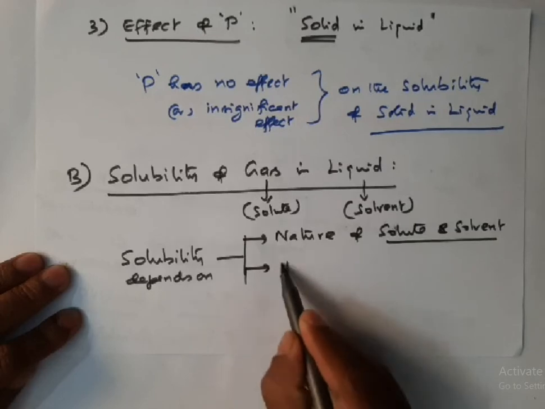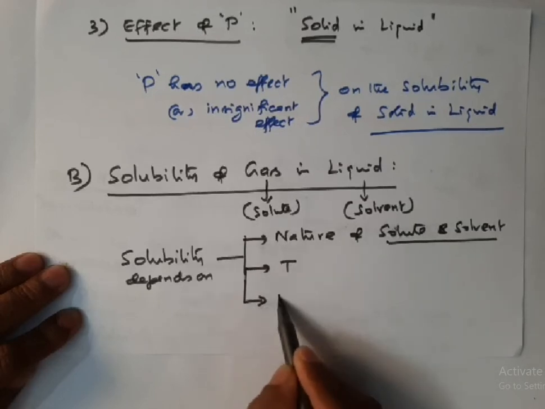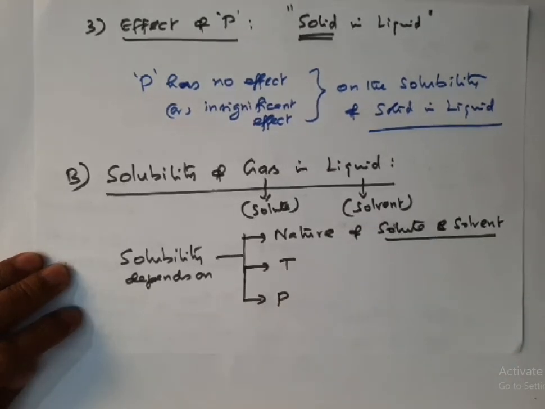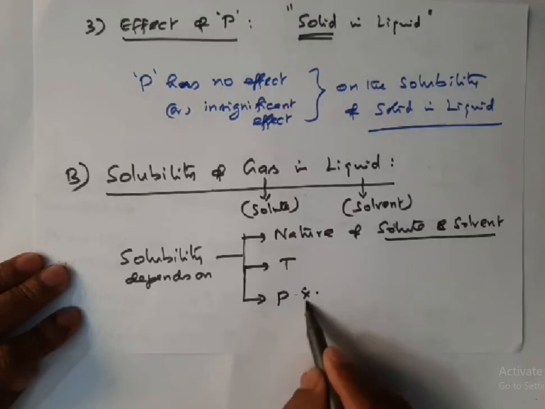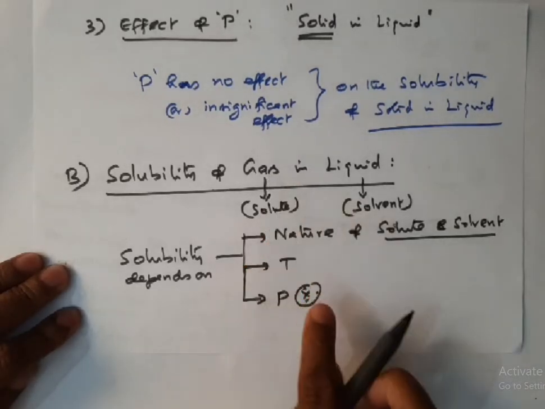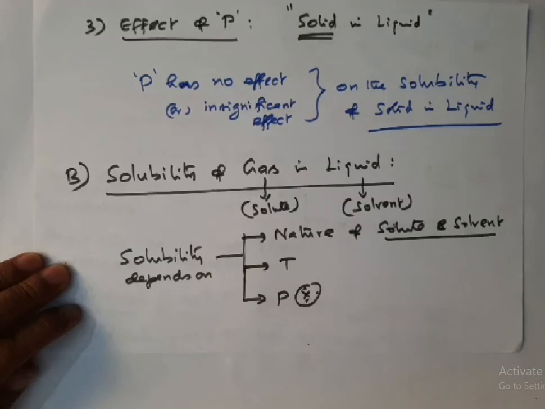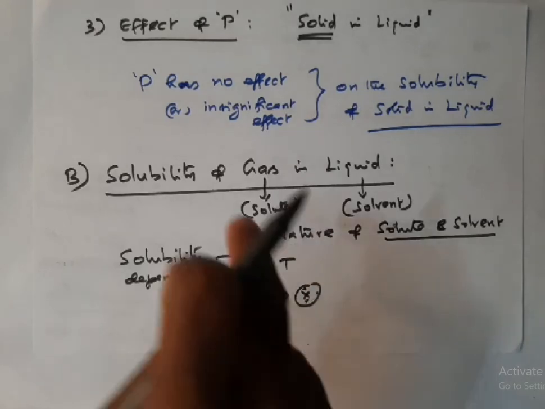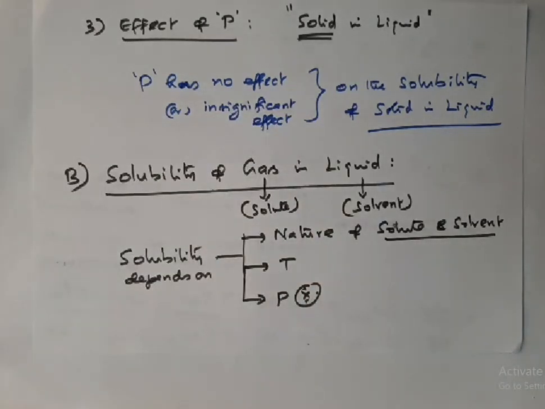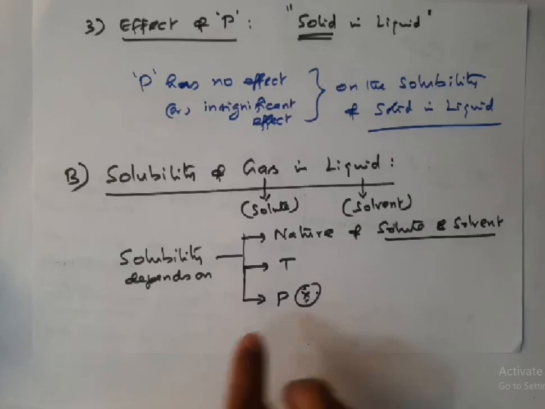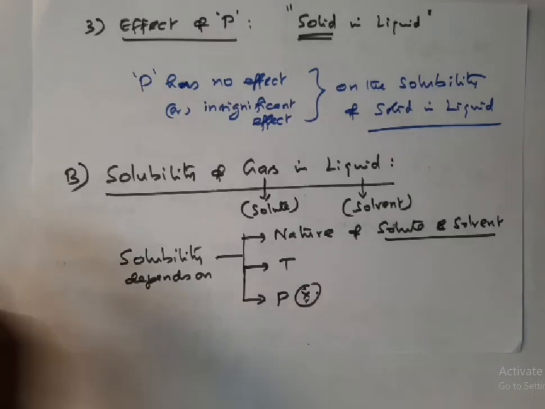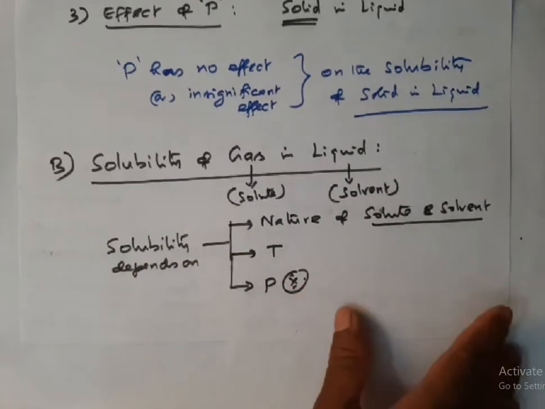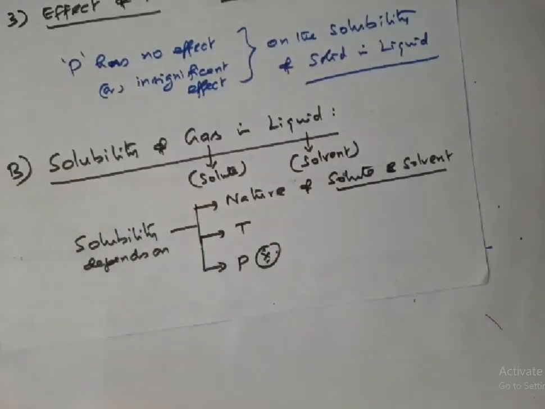Second factor is temperature and pressure. These two are very, very important, and since gas is involved here, the pressure contribution is very, very important. So we need to focus on the effect of pressure on the solubility of gas in liquid. Let me discuss that here. What is the effect of pressure on the solubility of gas in liquid?